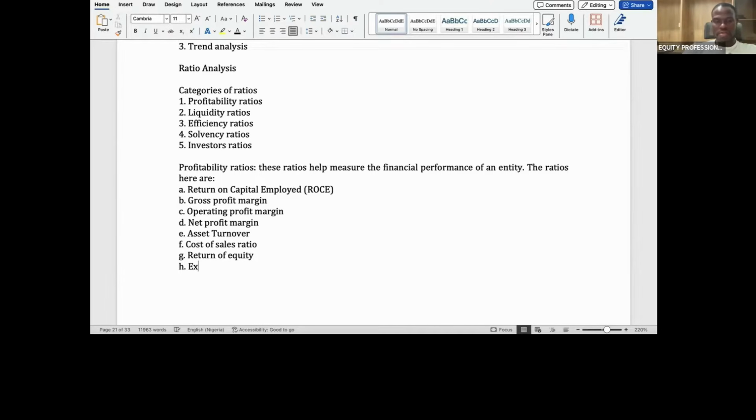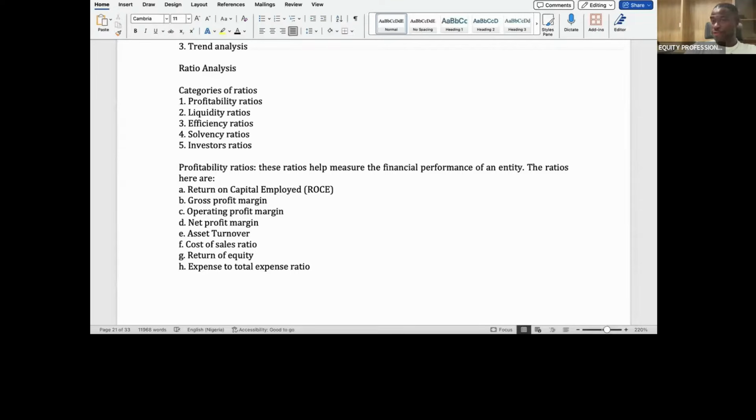Then another one, which is just to expose you more, is the expense to total expense ratio. So these are the commonly used profitability ratios that we have.